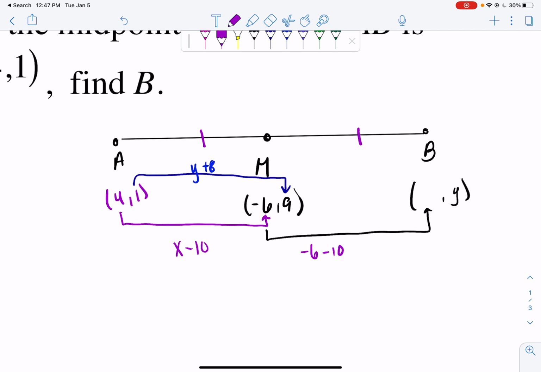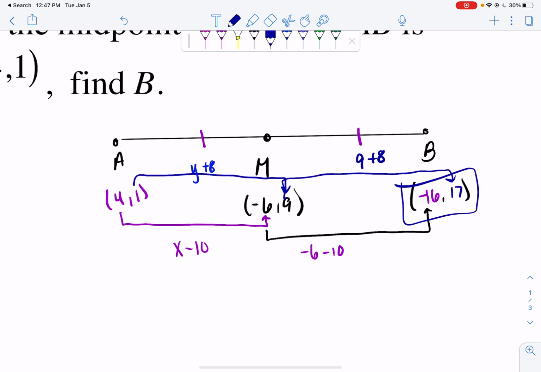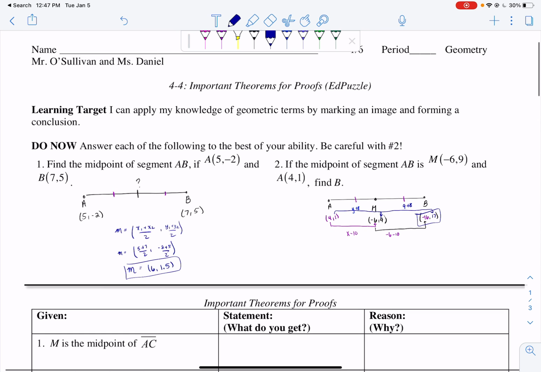So my new x value is -16. And my y value I'm going to add 8 to. 9 plus 8 is 17. That is my missing endpoint. So if I were to do the midpoint formula on (4, 1) and (-16, 17), I would get (-6, 9).